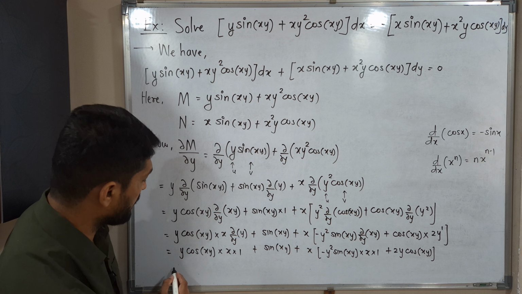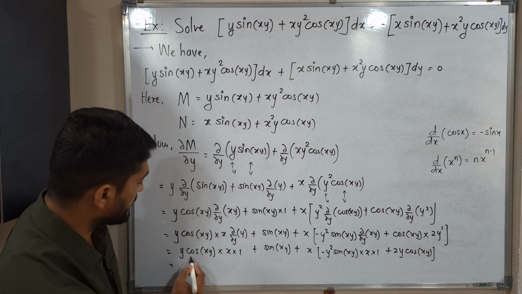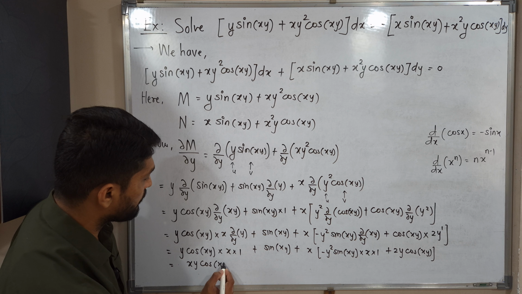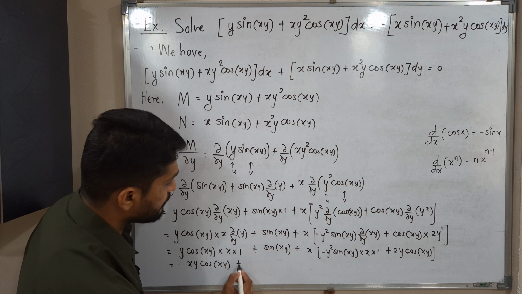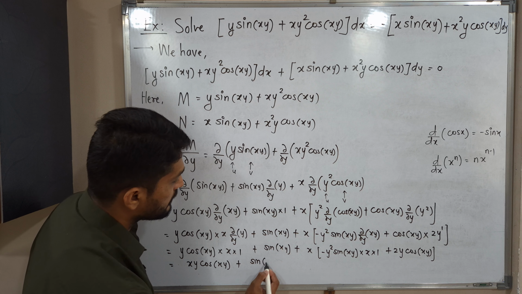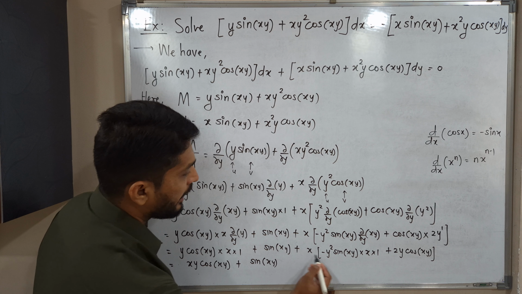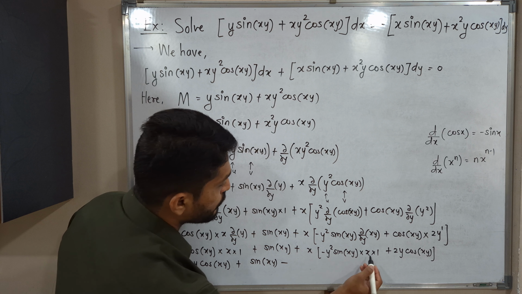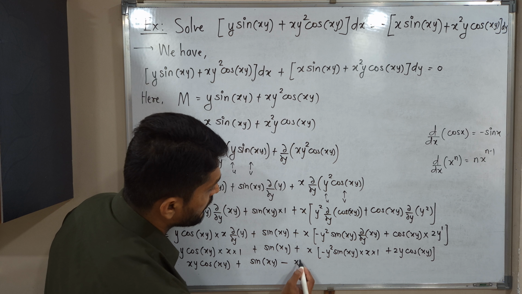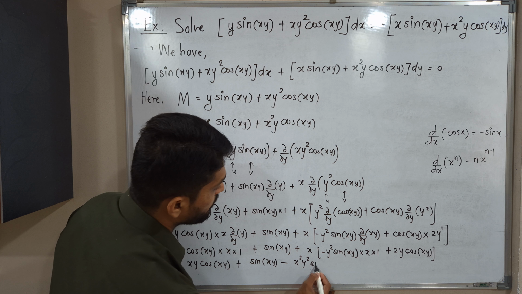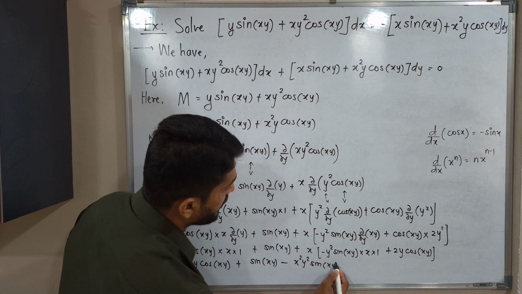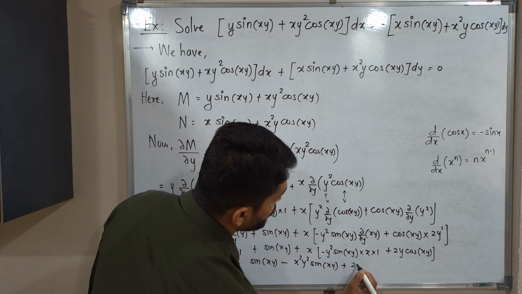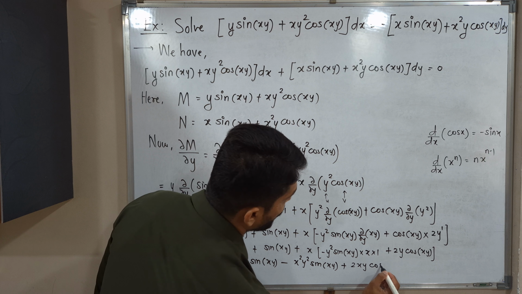Let me write it properly, simply. So this x into y, so xy cos xy, plus sin xy, right? I will take the product here. So minus plus minus minus x into this x square and this y square, x square y square sin xy, plus this x into this 2y, so 2xy cos xy.